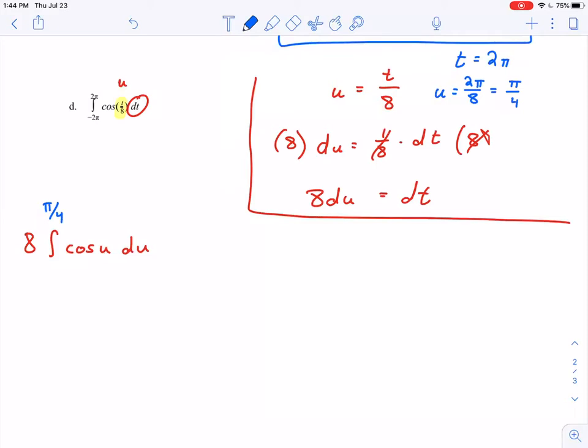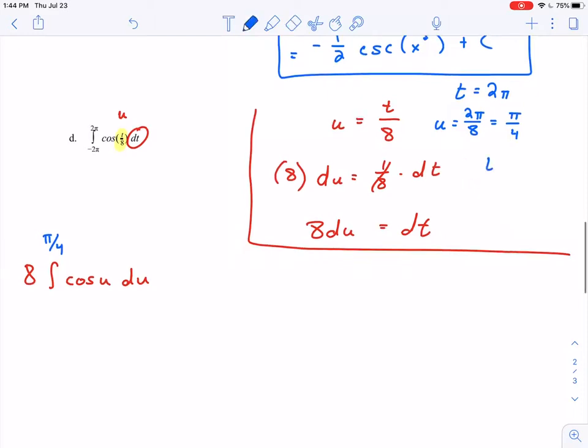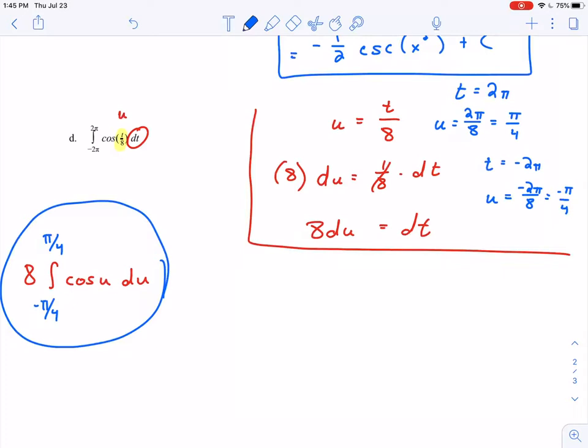And then similarly, okay, let me erase this right here. When t equals negative 2 pi, u is equal to negative 2 pi over 8, which gives me negative pi over 4. So my new lower limit of integration is negative pi over 4. So I'm trying to evaluate this definite integral.